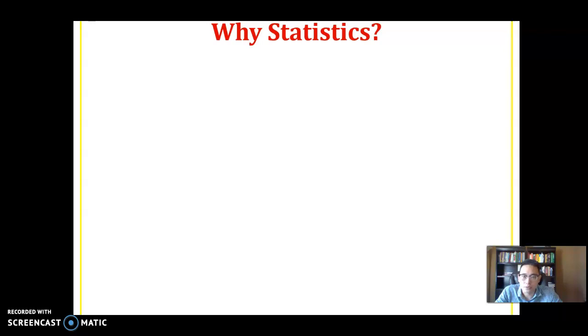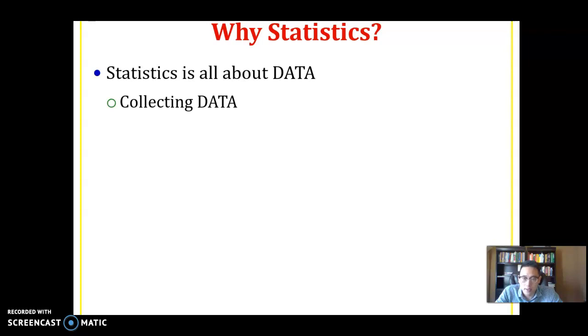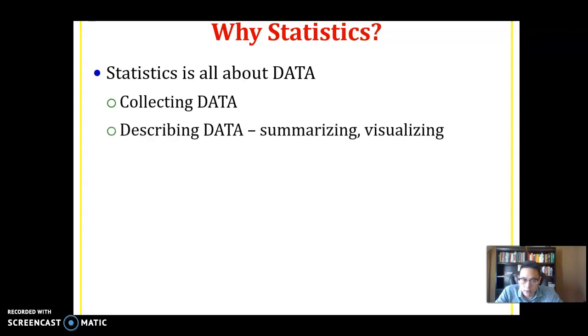So, what is statistics? And why do we need statistics? Statistics is all about data, and it consists of three important elements: collecting the data, describing, or summarizing and visualizing the data, and then analyzing the data.